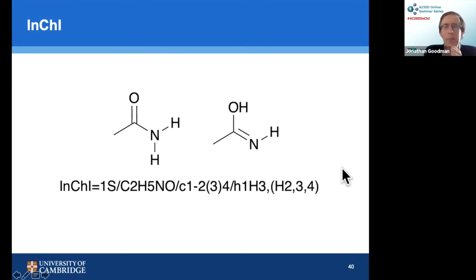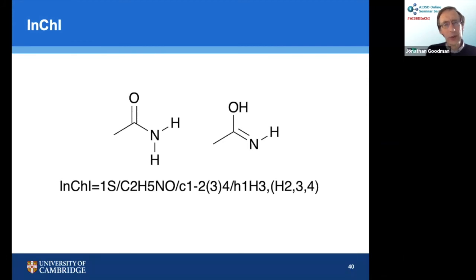Well, by default, the InChI doesn't do what you might expect. And if you're thinking about mass spectrometry, this doesn't really matter. But to represent an amide in this form is a slightly non-standard way of thinking about molecules. So InChIs don't necessarily pin down the position of a hydrogen unless you ask them to.